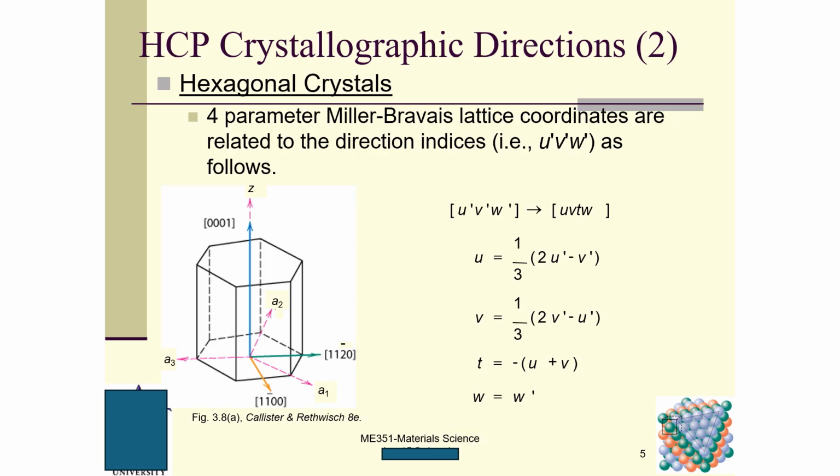I'm going to show you u prime, v prime, and w prime, and we use this one and calculate u, v, t, w based on these equations. As long as you get u prime, v prime, w prime, you can use these 4 equations to get u, v, t, w respectively.